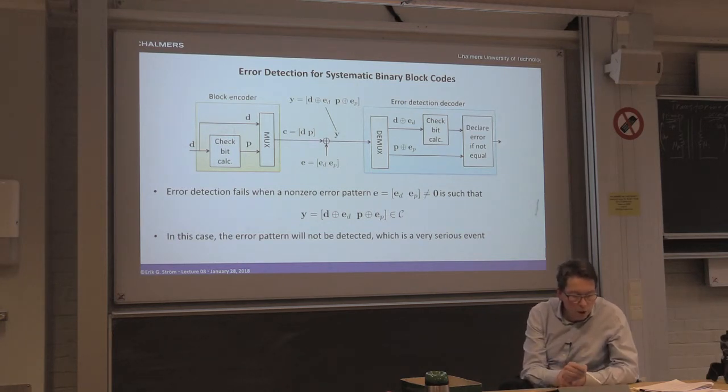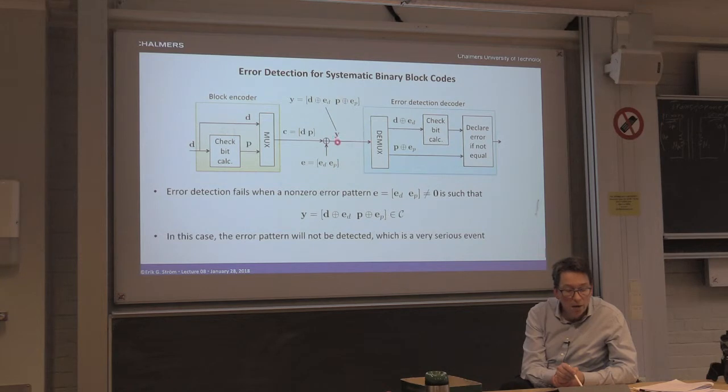Okay, so we have a systematic encoder here. C here is a systematic code word, meaning that we have the information bits first and then the check bits. Then we transmit that over a channel and get an output Y. And Y is the sum of C and the error pattern. So we split up the error pattern into 2 parts, one which affects the data bits and one which affects the check bits.